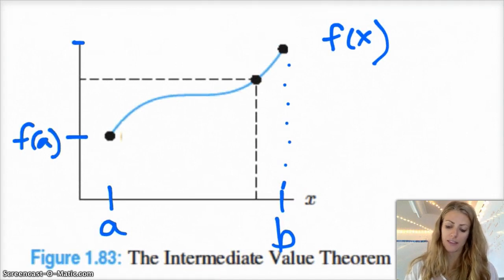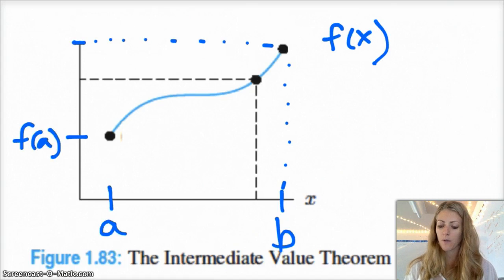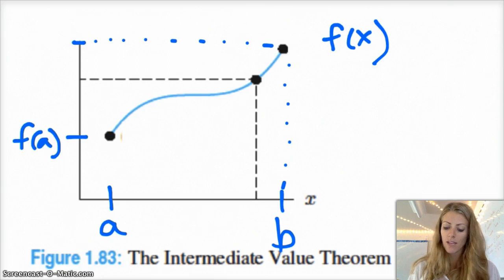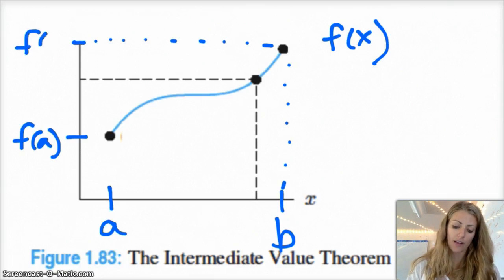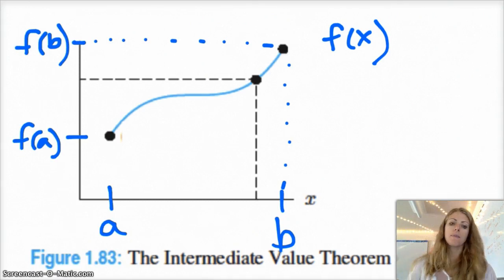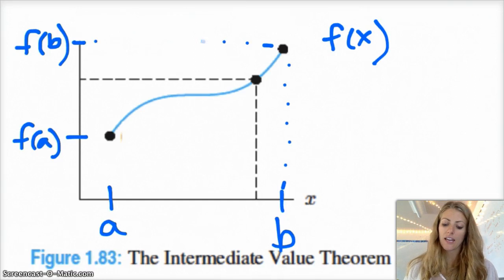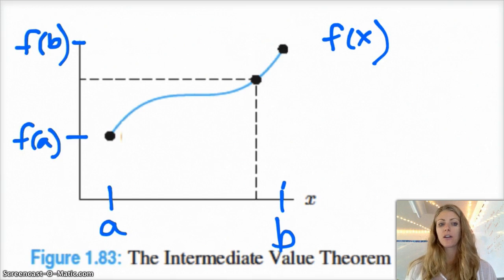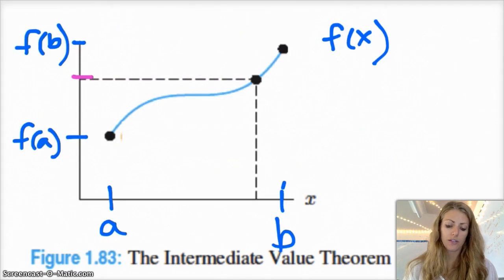And then this up here is the y value that goes along with b, and I'm going to call it f of b because it's the same thing as plugging b into f of x. Okay? Basically, what the intermediate value theorem says is that if there is a y value that occurs between f of a and f of b, so like here, there's some number here.